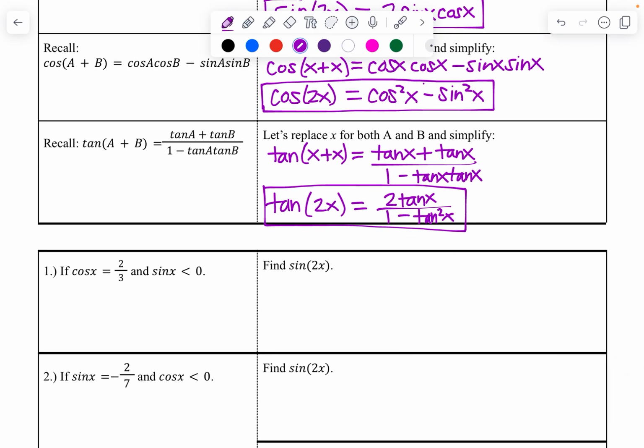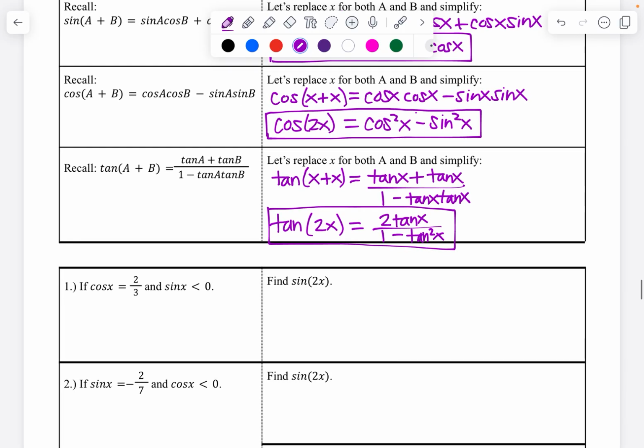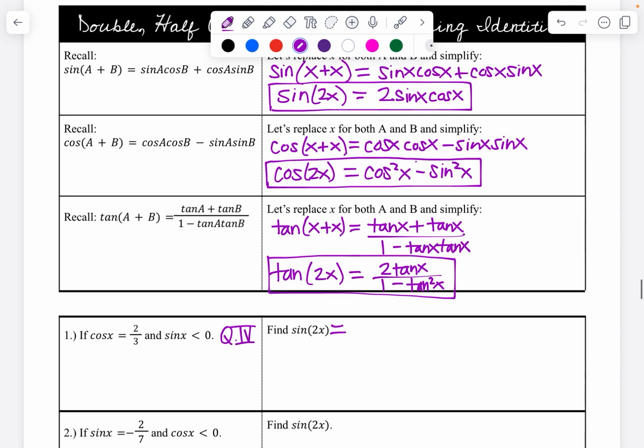All right, so let's put some of these new formulas to work for us. So number 1, they're telling us the cosine of x equals 2/3 and that the sine is negative. So if the cosine's positive, sine's negative, we must be down there in quadrant 4. So we want to find the sine of 2x. Well, up above, we just found that the sine of 2x would equal 2 times the sine of x times the cosine of x.